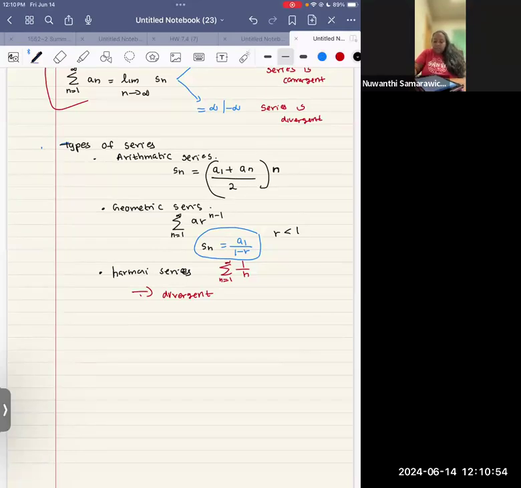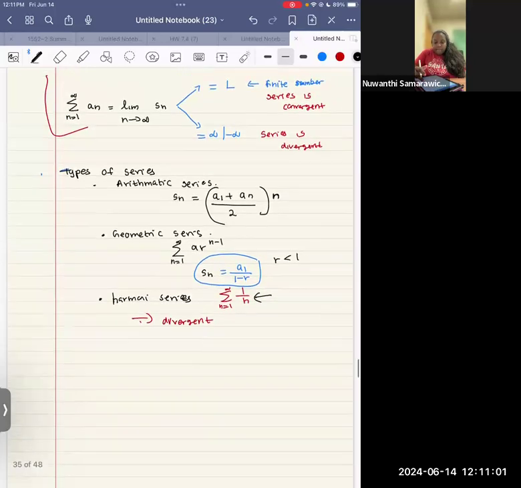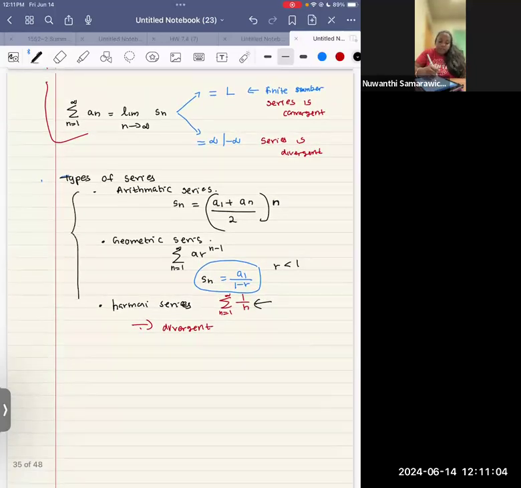The harmonic series is this type, and it is always divergent. So these are some types of series. Then, because at the end of the day we need to know whether the series is convergent or divergent, we learned a method called the divergence test.